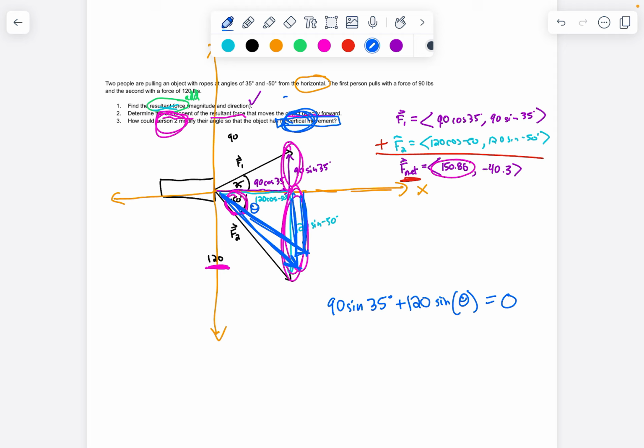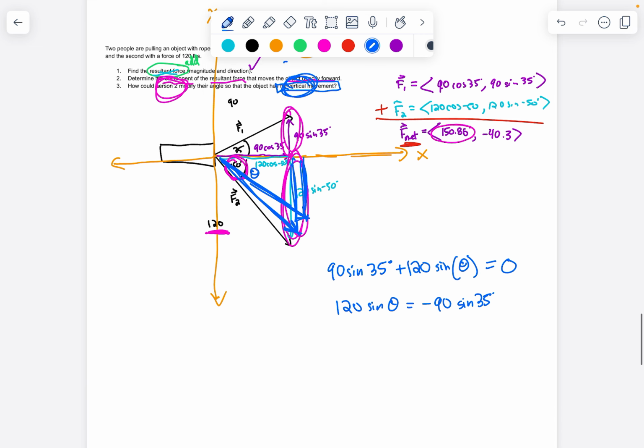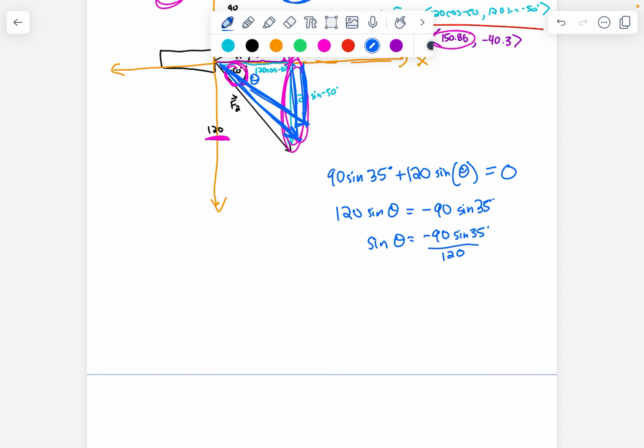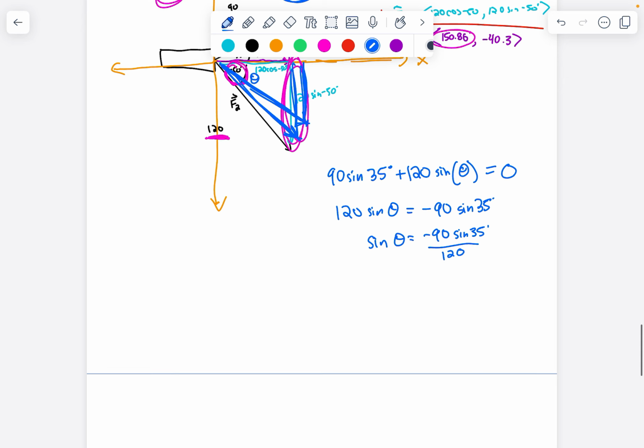We sure can. 120 sine theta is going to equal negative 90 sine 35. Sine theta is going to equal negative 90 sine 35 over 120. Now I can simplify that. 9/12 is 3/4. So theta is equal to sine inverse of negative 3/4 sine 35.